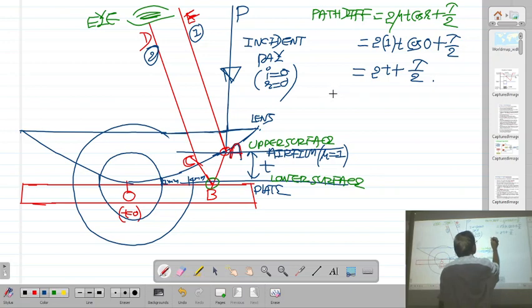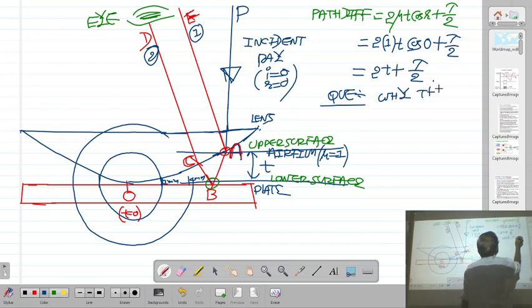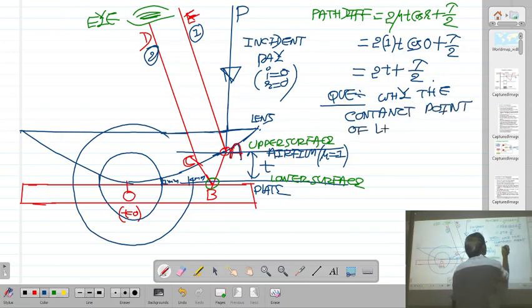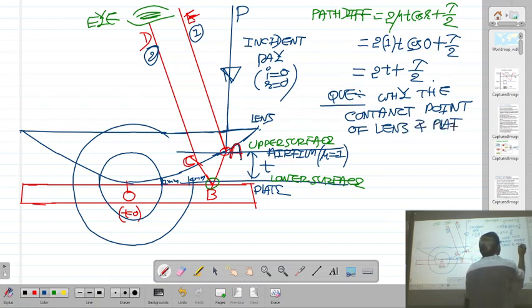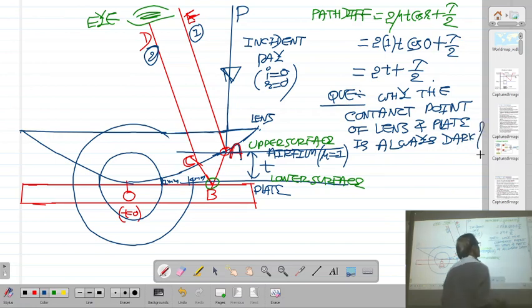One question: why is the contact point of lens and plate always dark? Let us discuss this small question.